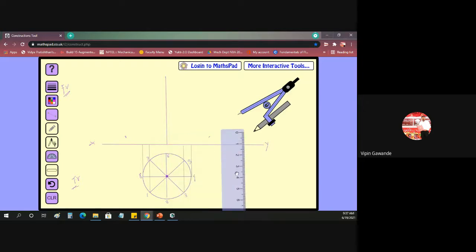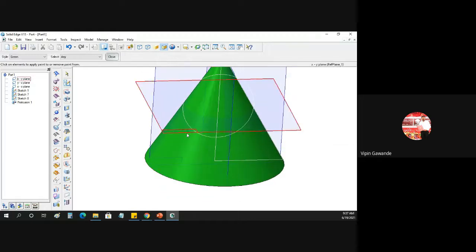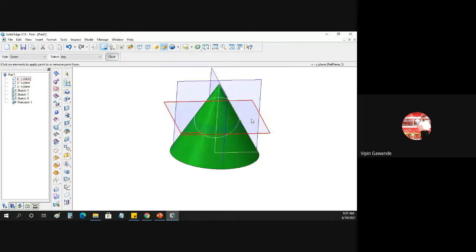Why am I taking the projections up to only the XY line? Because in the case of a cone, all the points are on the bottom line only, not above. In the case of a cylinder it is a rectangle, so points are on the bottom and on the top also. But here in the case of the cone, we have only the circle, and the lines joining from the apex.